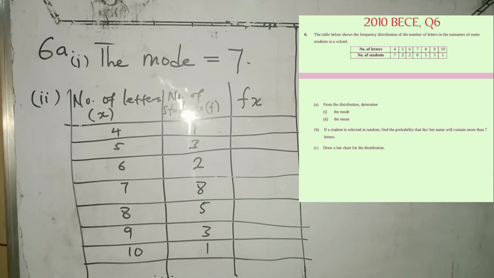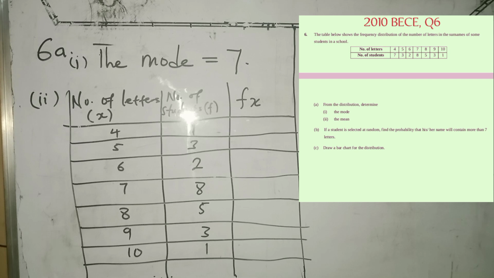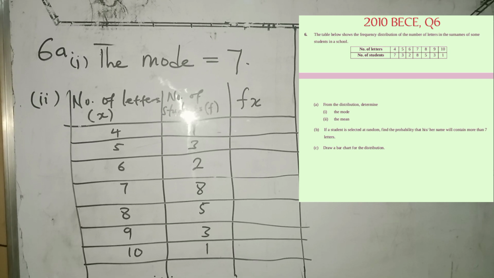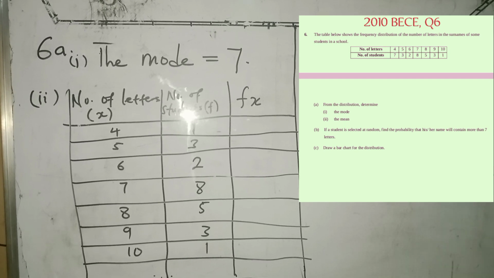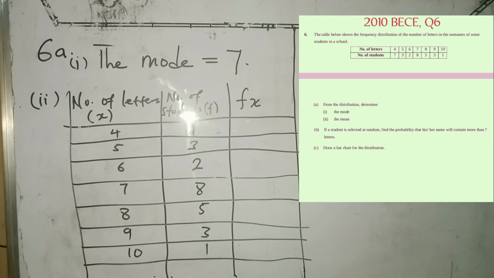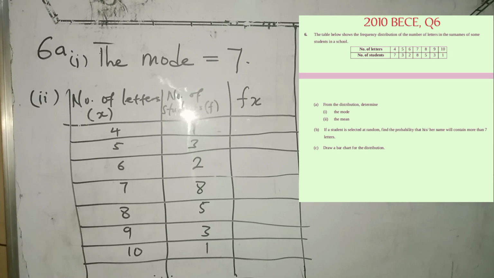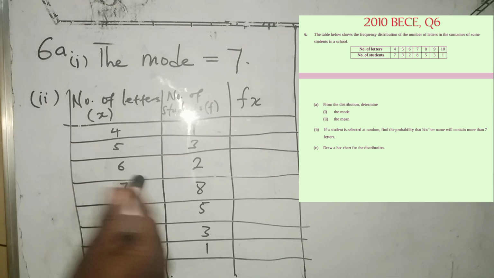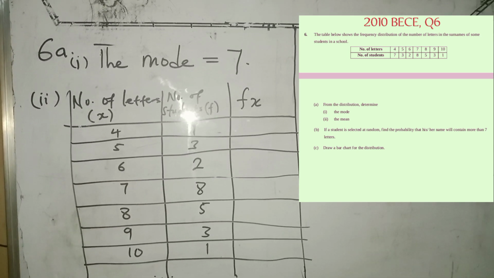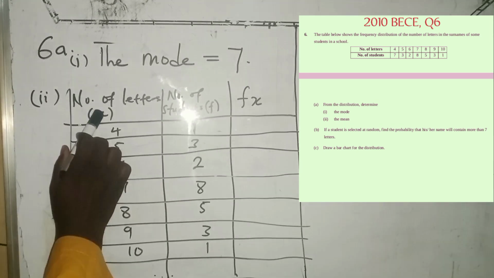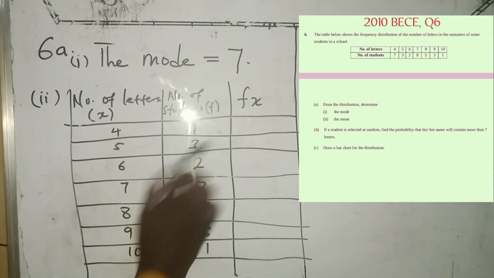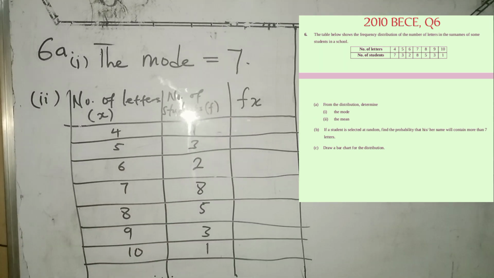So the next thing we're going to do is multiply frequency by x, and that's where we have the fx. So multiplying all the x components by the f components, we'll get fx.